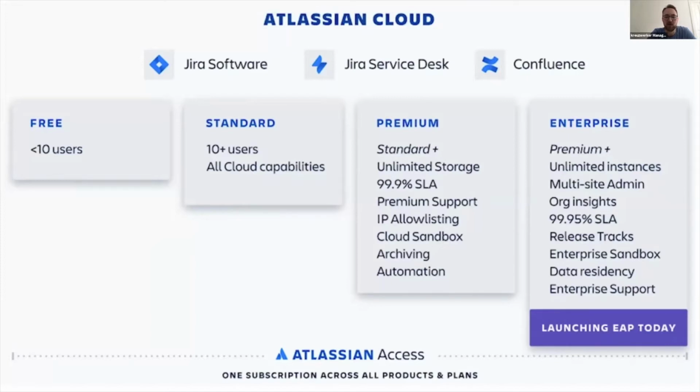Then there's the first cloud offering that Atlassian launched a couple of years back, called Cloud Standard, which is basically the baseline offering for Jira Software, Jira Service Desk, and Confluence Cloud. We've seen a recent addition of so-called Cloud Premium, which added unlimited storage, SLA, premium support, and with the recent acquisition of CodeBarrel, also automation.